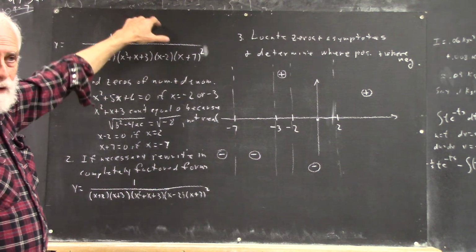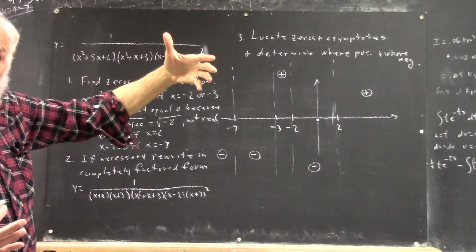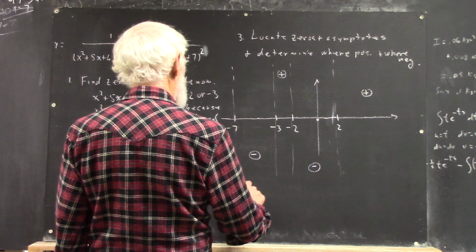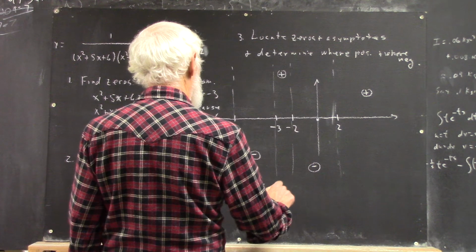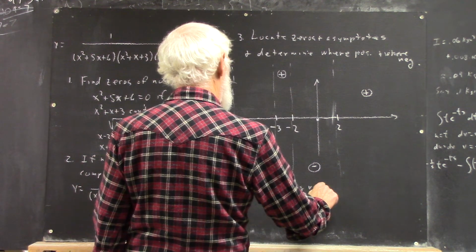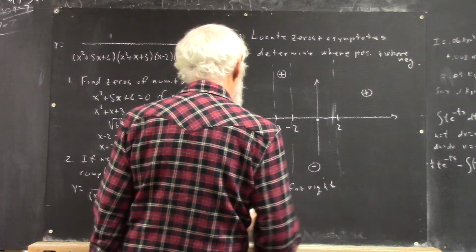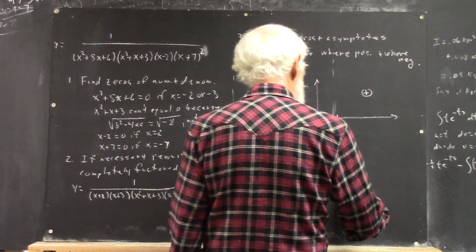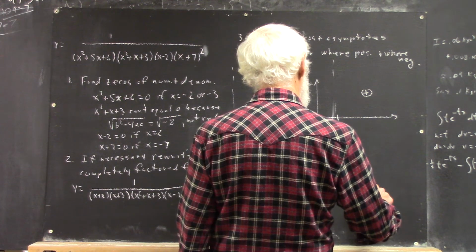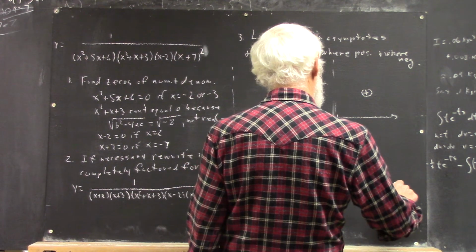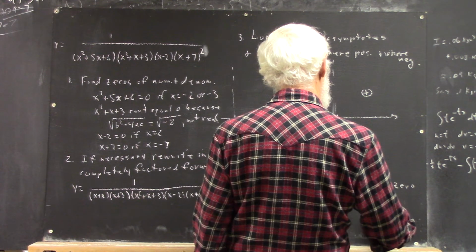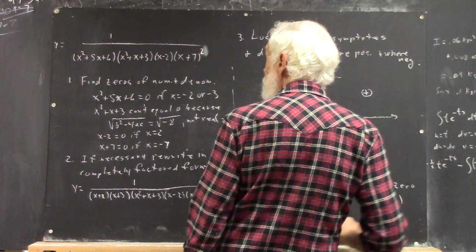And when you divide that into 1, you're going to get almost 0, okay? So you determine far left and far right. You approach 0 for both.